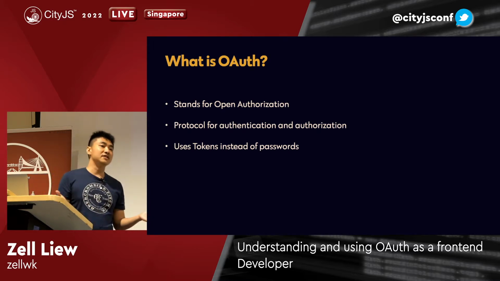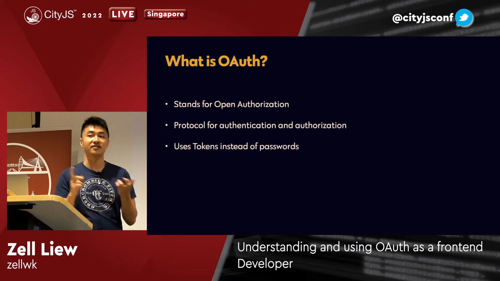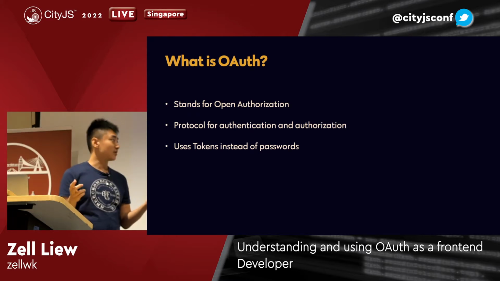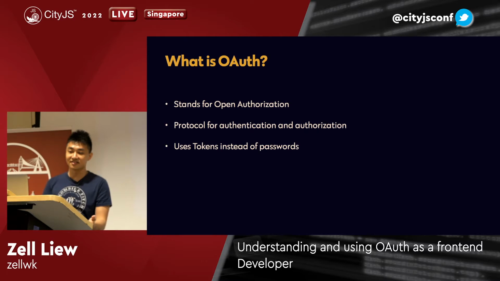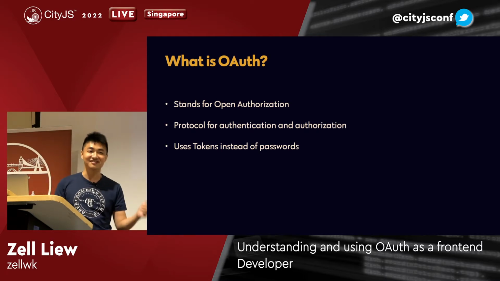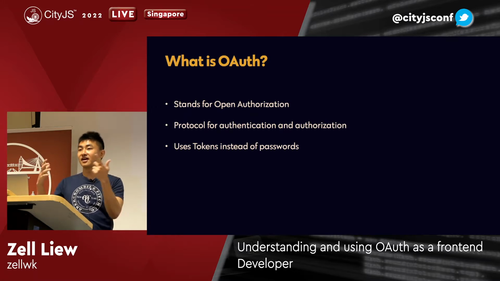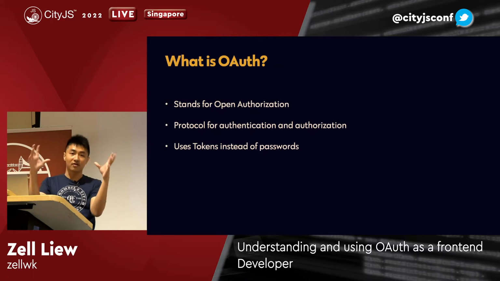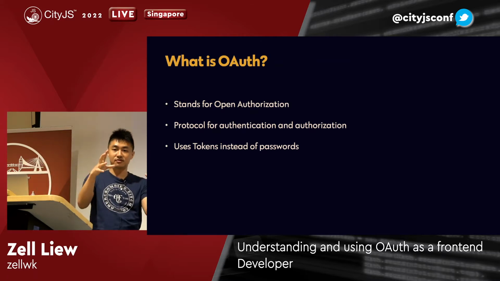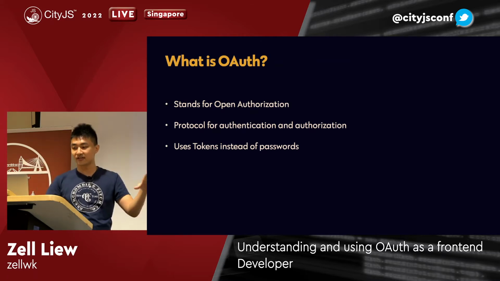The good thing about OAuth is that it uses tokens instead of passwords. The good thing about tokens is that you don't have to remember passwords anymore. The second good thing is that it allows for things like login with GitHub, login with Twitter, and stuff like that, because we pack all the login information into a string. A token is kind of like a string.